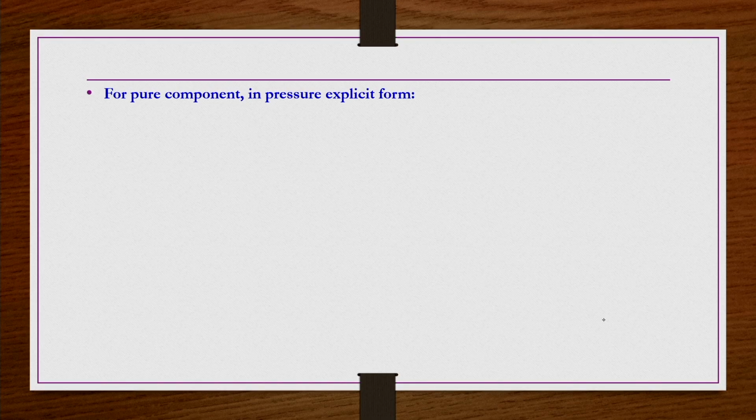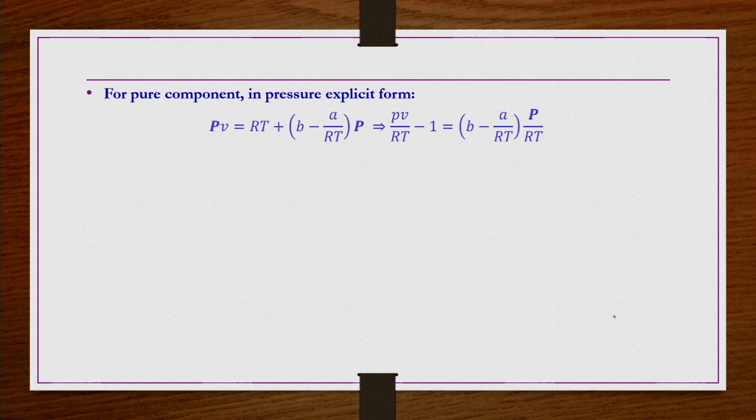So, for a pure component i, if the equation of state is available in pressure explicit form, then what is the fugacity of pure component i for the van der Waals equation of state that we have taken?